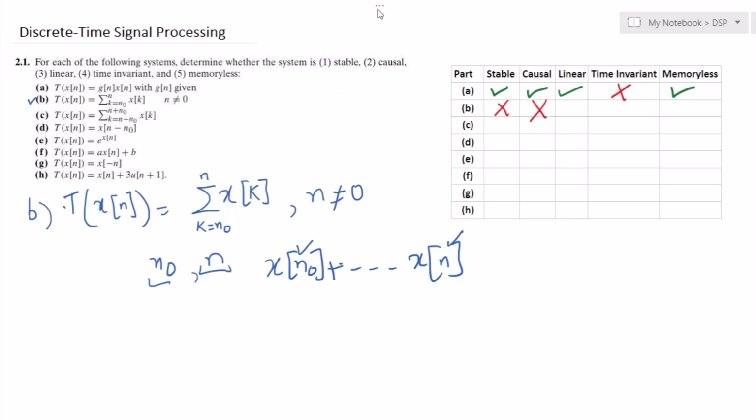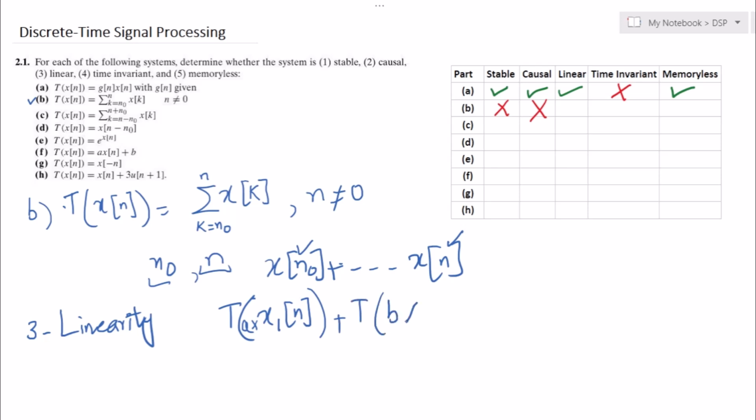Again, the third one is to see the linearity of a system. To see the linearity of a system, the formula we have is T of a times x1 of n plus b times x2 of n.